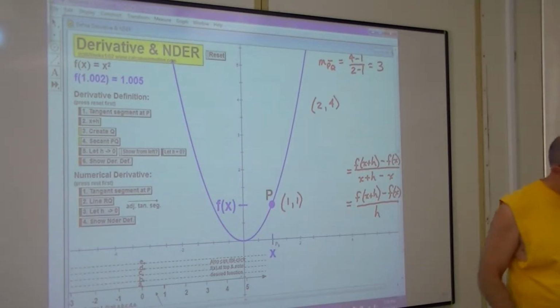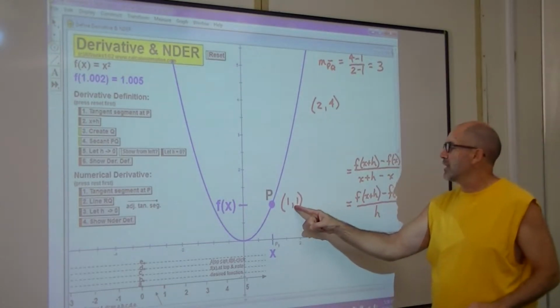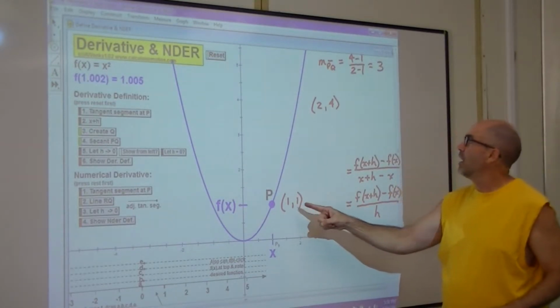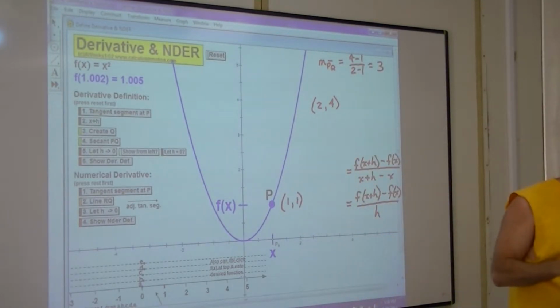Now, notice example 1. Find an equation of the tangent line to the parabola y equals x squared at the point 1, 1. Well, okay, this is the thing we were trying to do, the point 1, 1. Well, I'm making some other point, Q, and we don't know where Q is.